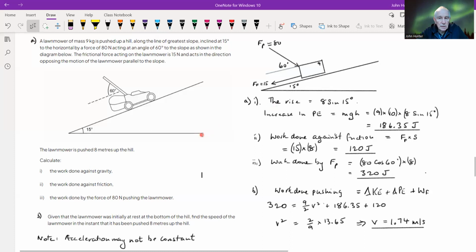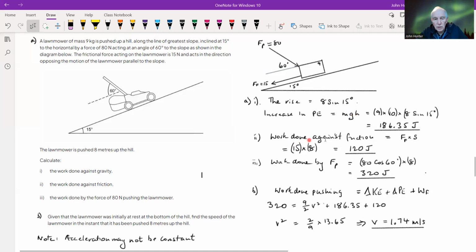Now, the increase in potential energy that results from this force applied by the gardener is going to be the mass times g times the height. That's as per usual, 9 times 10 times 8 sine 15, and that works out to be 186.35 joules. So that is the work done against gravity.